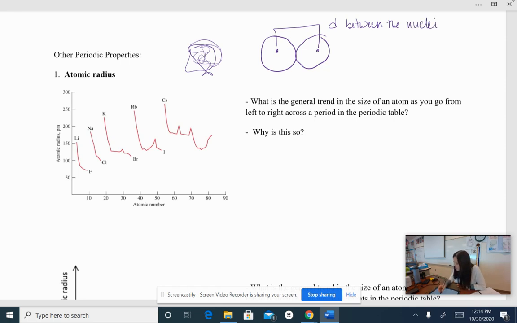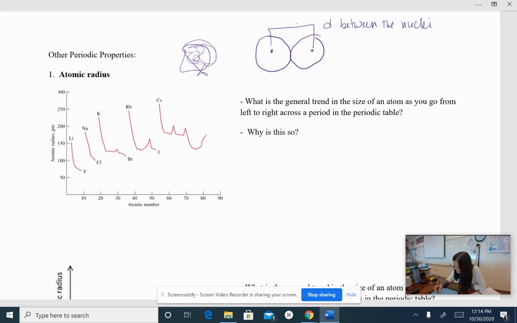And if I do the distance between the nuclei like this, and I divide it in half, that distance gives me the radius of an atom. That is the only way we can really get a radius of an atom.